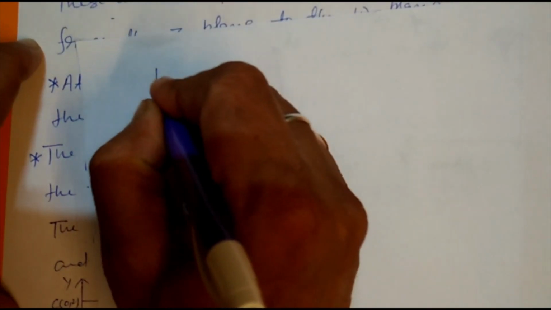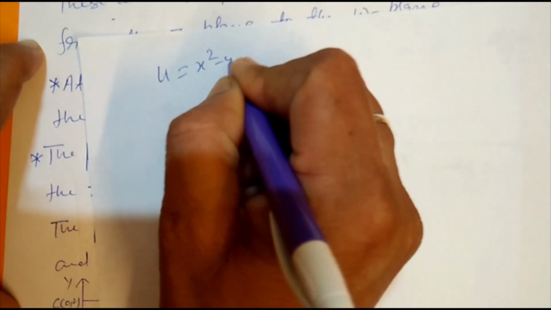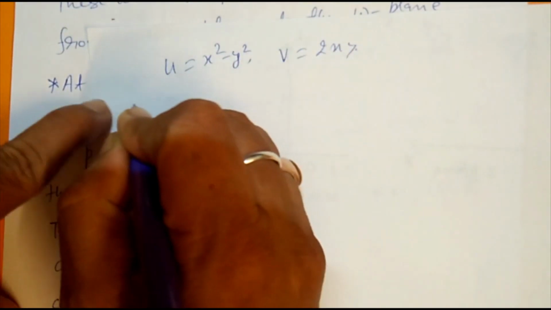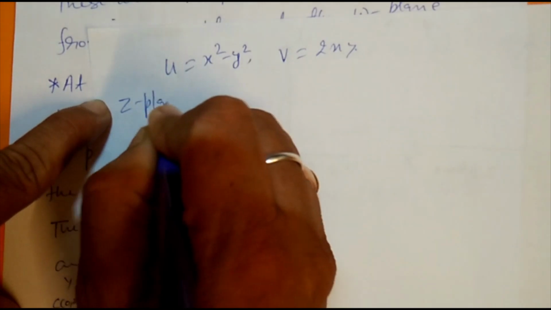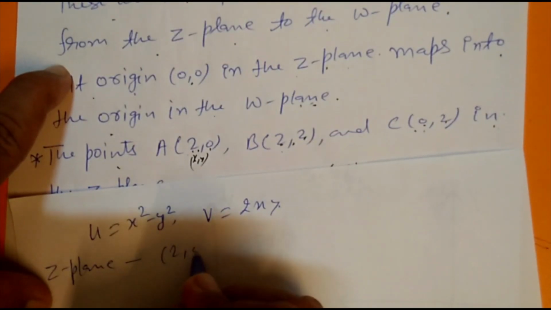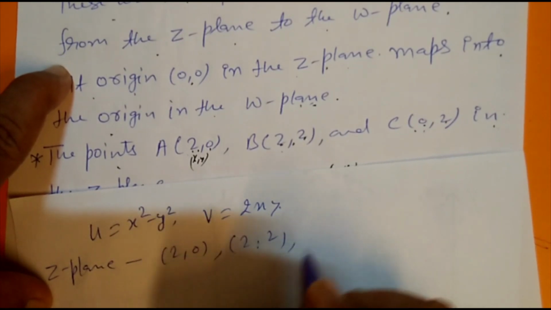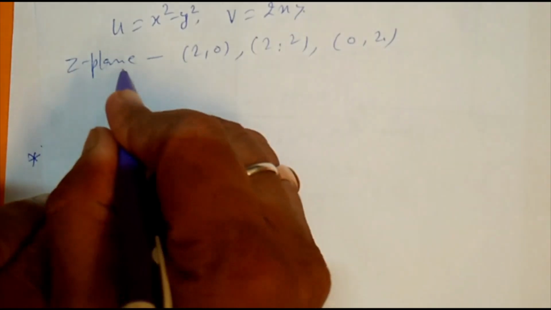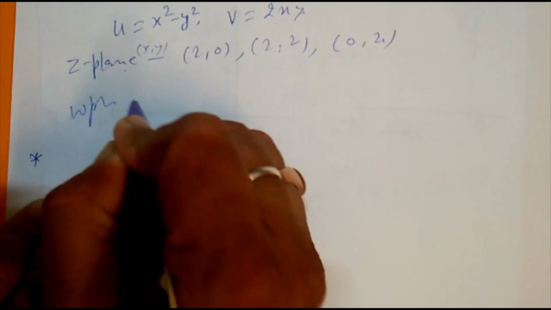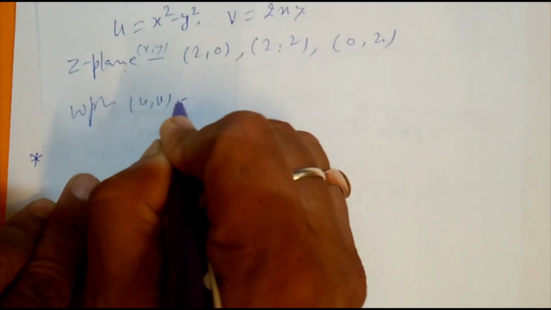We have u = x squared minus y squared, and v = 2xy, and the points in the z plane are (2, 0), (2, 2), and (0, 2). In the z plane points are denoted by (x, y), and in the w plane points are denoted by (u, v).